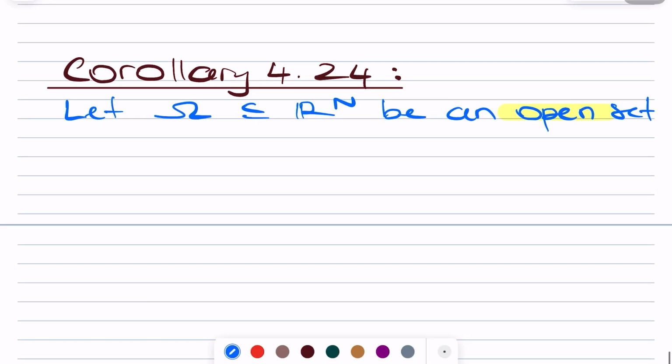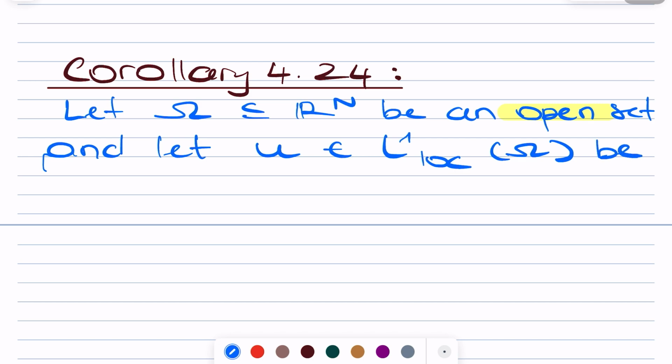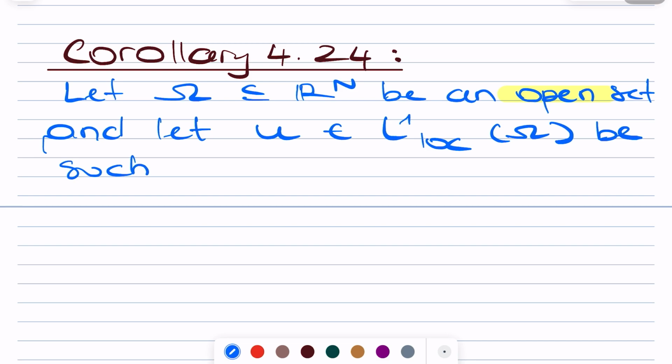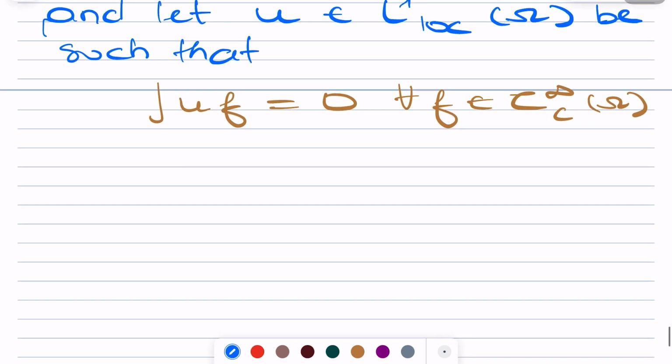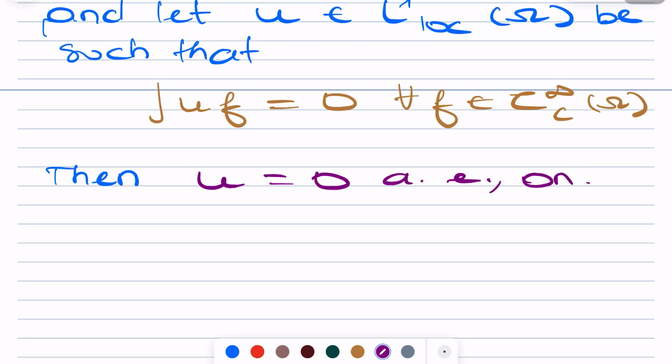And let u be in L1 log of omega, so u is locally integrable on omega, such that the integral of u f equals 0 for every f in the space of test functions C infinity C of omega. Then we can conclude that u equals 0 almost everywhere on omega.